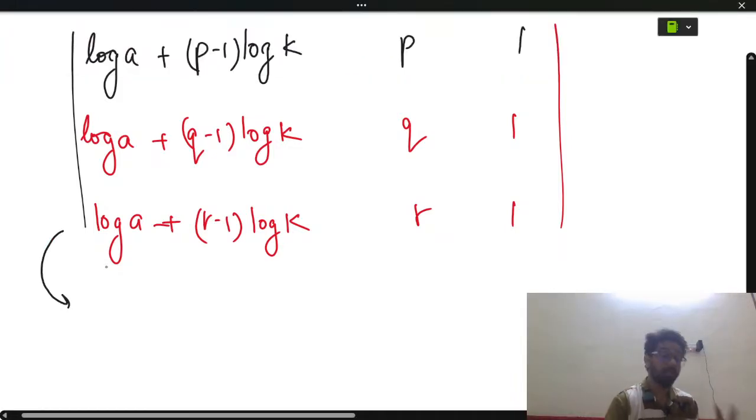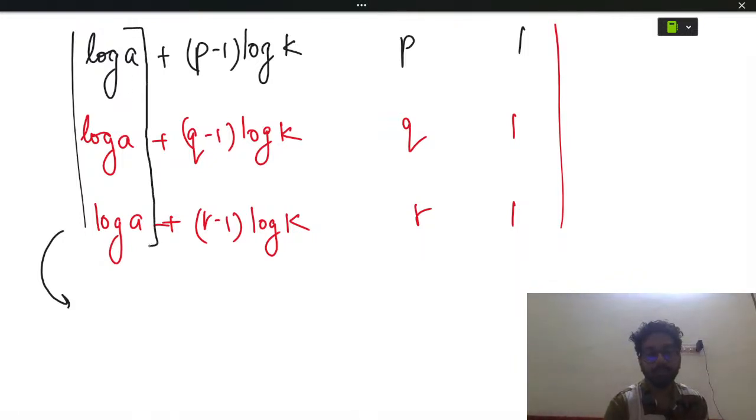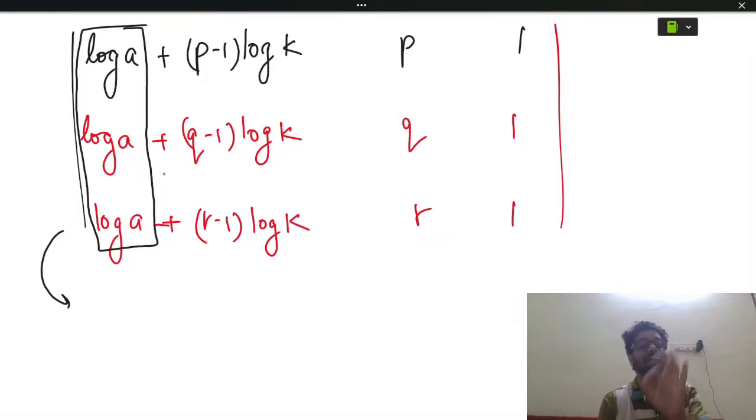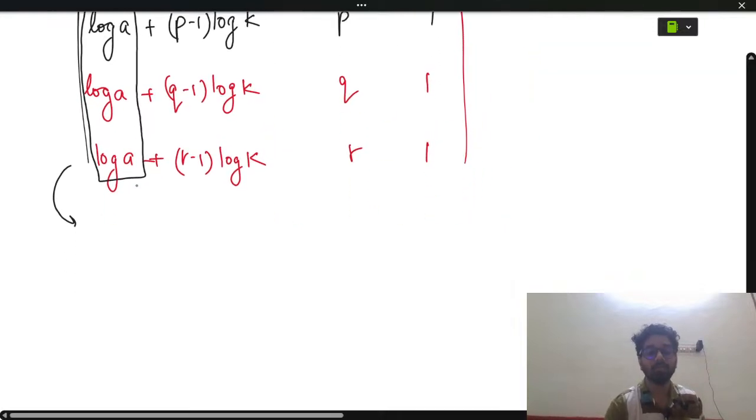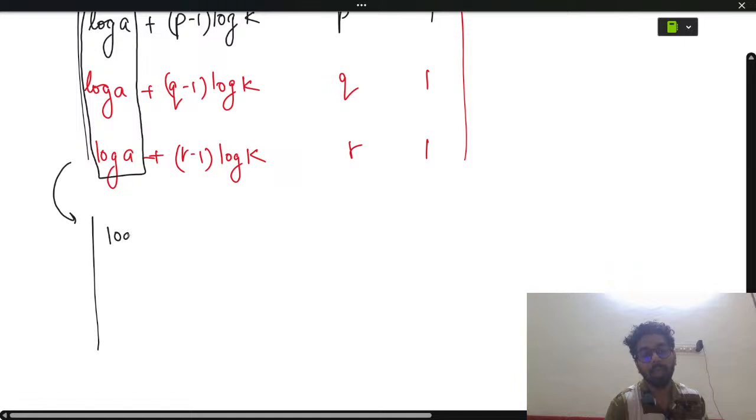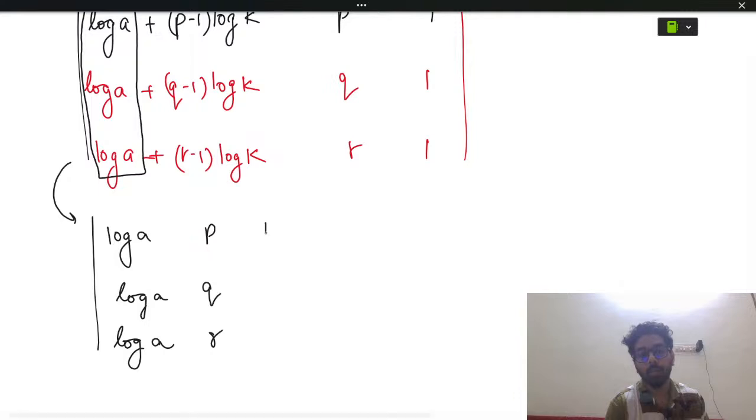of determinants. What is the property? That if the elements of one of the rows or columns have the same term in addition, you can eliminate it. Or the other way around, you can write this as log A, log A, log A, P, Q, R, 1, 1, 1.